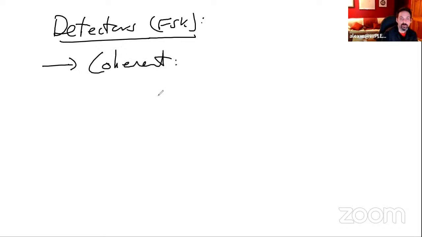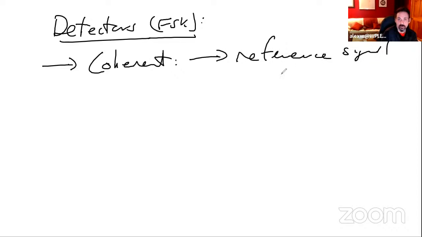What this implies is that we must have some sort of reference signal to both the frequencies, F1, F2, and phase. In this case, the coherent detector looked like this.